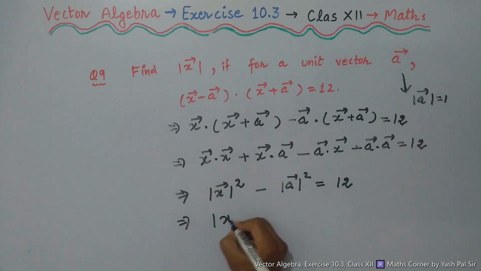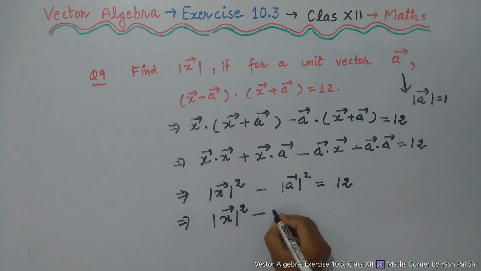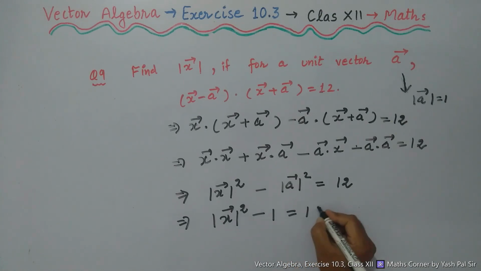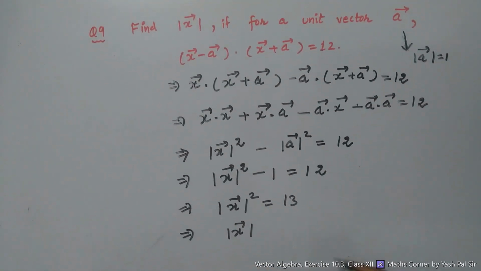So we write magnitude of vector x whole square minus 1 is equal to 12. So magnitude of vector x whole square is equal to 13, which implies magnitude of x is equal to square root of 13, which is the required answer.